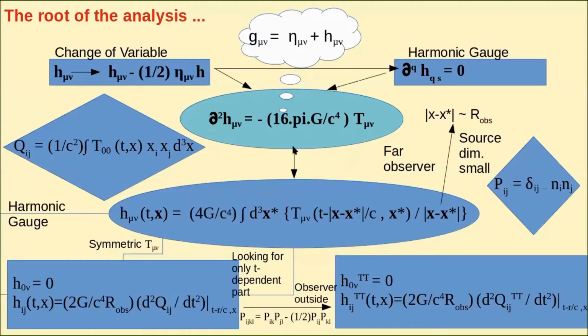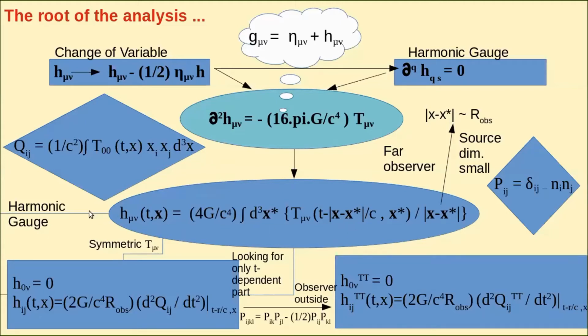So now taking the T mu nu, we can derive it simply by Green's function to get the h mu nu expression, where t minus r by c is the retarded time, and x star is the source coordinate and x vector is the position coordinate, sorry, the observer position coordinate.